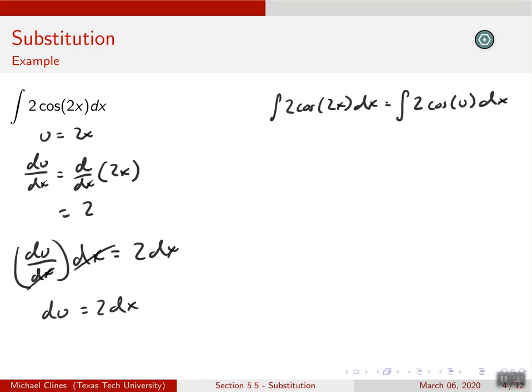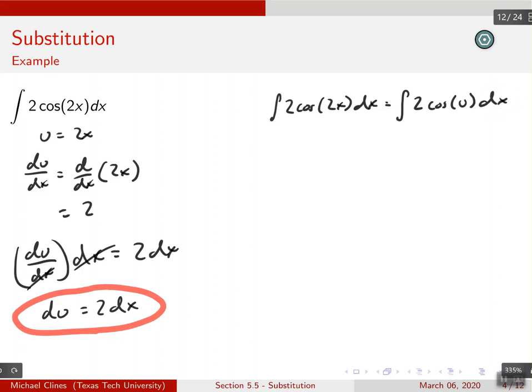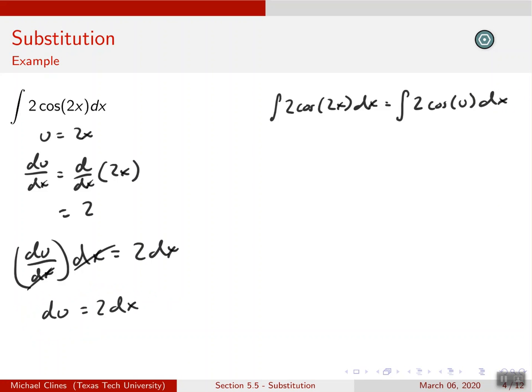But do we have a relationship between dx and du? Yes, we do. It's this thing right here that we solved for. du is equal to 2 dx. So now, here's the name of this tool, substitution. We're going to sub in du for 2 dx. To make that a little clearer, I'm going to rewrite this as the integral of cosine of u times 2 dx.